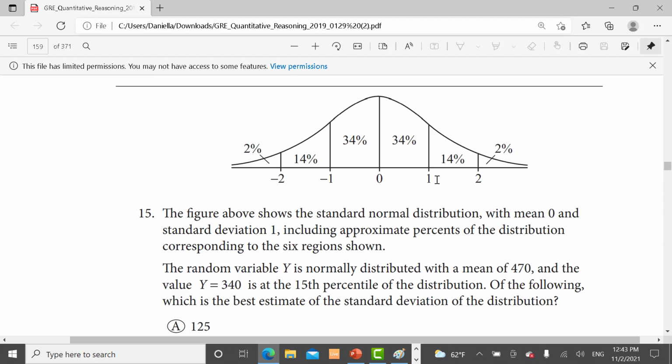Of the following, which is the best estimate of the standard deviation of the distribution? So the graph is a standard normal distribution. Now we consider y is a new random variable that is also normally distributed, but with a mean of 470, and 340 is at the 15th percentile of the distribution.